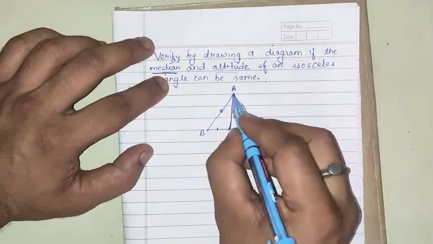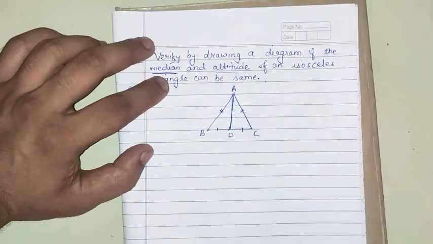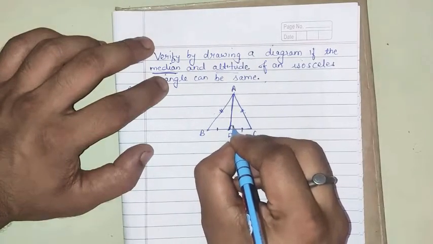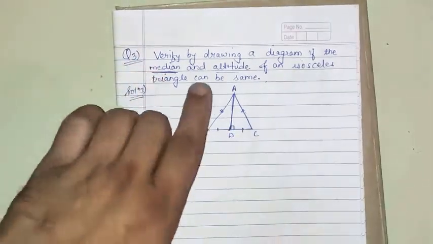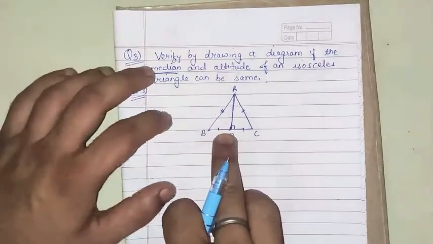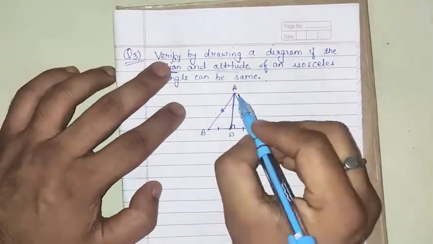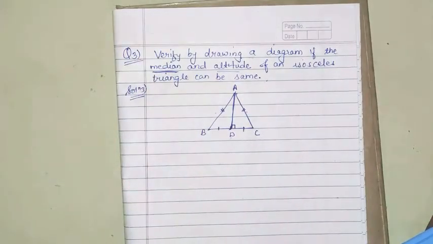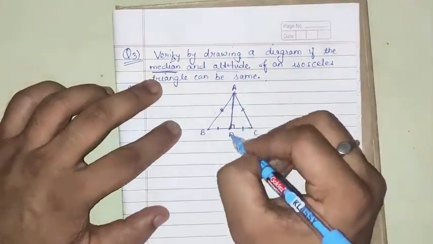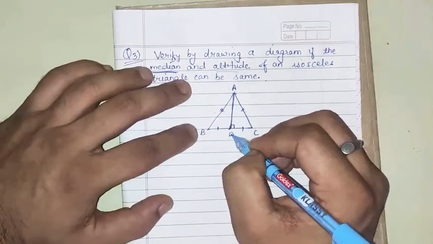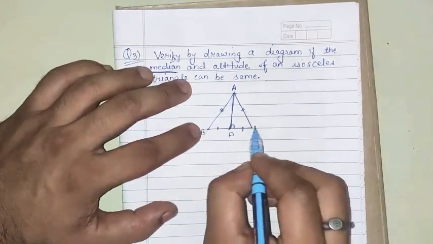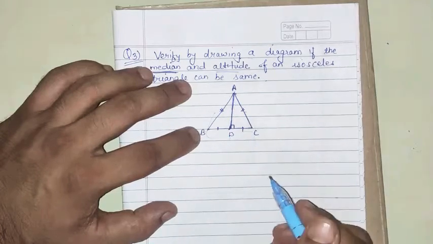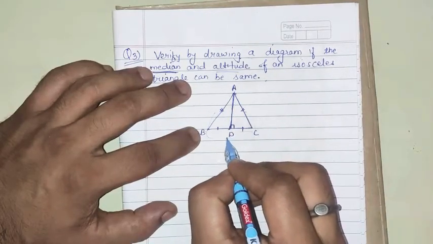Now we can say AD is also an altitude, because a perpendicular made from a vertex to its opposite side is called an altitude. So AD is an altitude of this triangle, AD is perpendicular to BC.